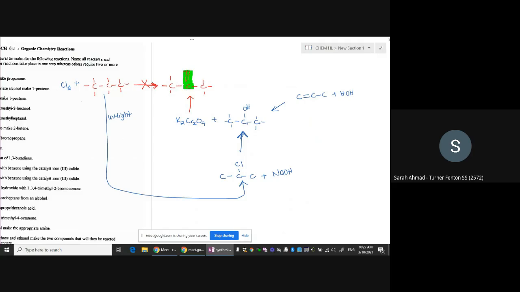And so I can go this route to make the alcohol, but can I go from here to there? The answer is yes. What if I use cracking? What if I heat the bejeepers out of it and add that double bond and then hydrate it and go this route? Okay, there's yet another way.